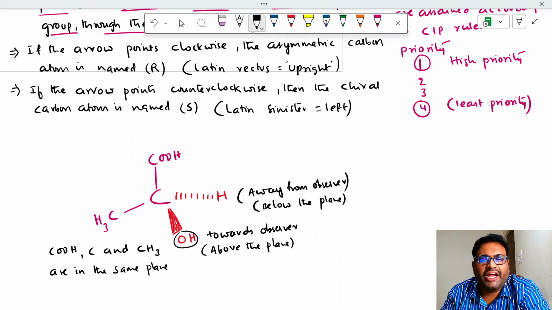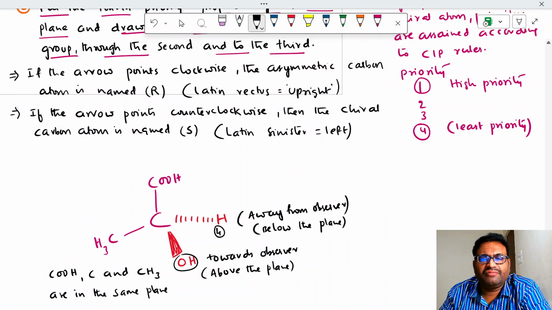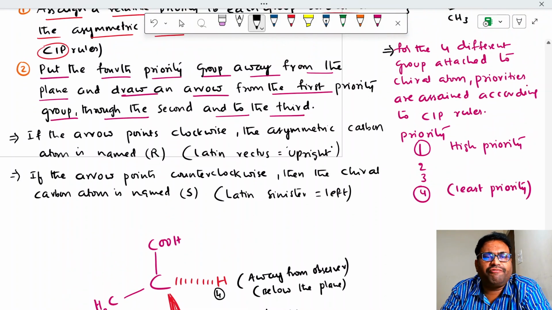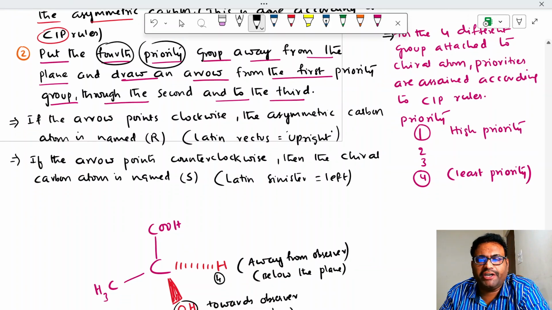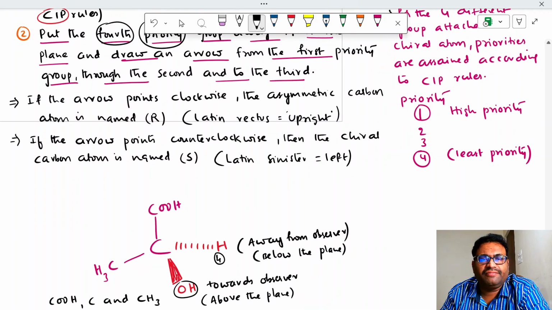Now, hydrogen, its atomic number is 1, so it has least priority. So what priority is it having? Fourth priority. Now it is away from the observer. Are you getting the meaning of that? Put the fourth priority group away from the plane. Is the fourth priority group away from the plane? Yes. Hydrogen has least priority. According to CIP rules, how are priorities given?